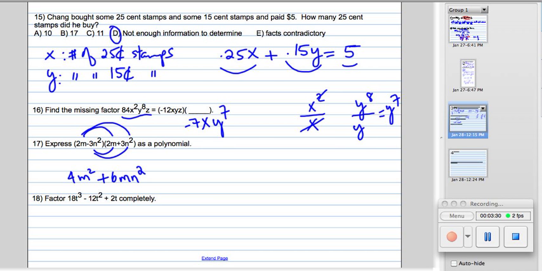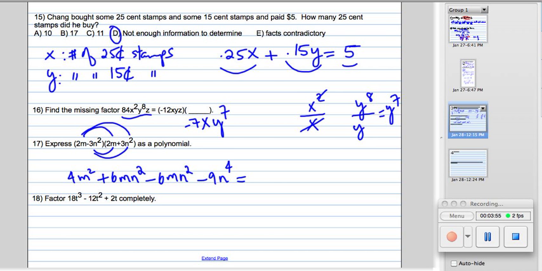Now negative 3n squared times 2m, negative 3 times 2 is negative 6, mn squared, we usually write it in alphabetical order. And then negative 3n squared times 3n squared, that's negative 9n to the 4th. You add the exponents when you multiply.